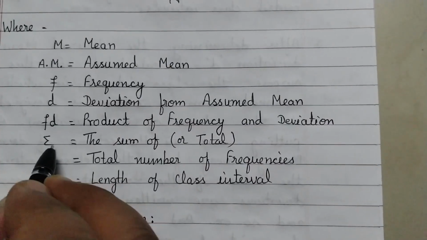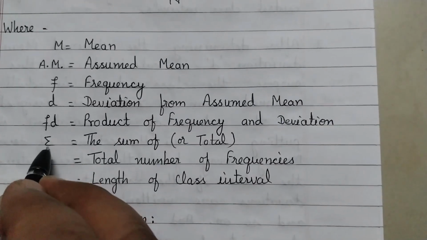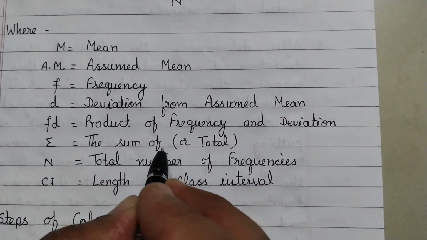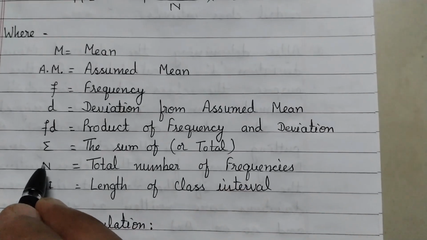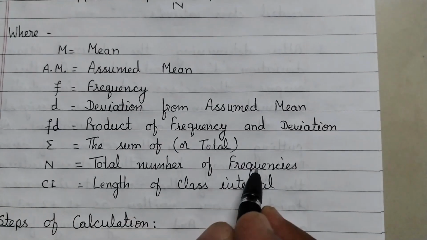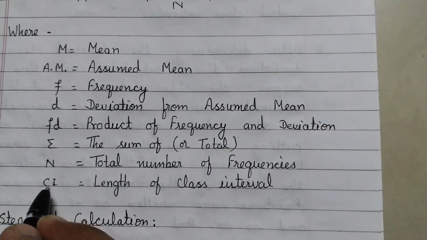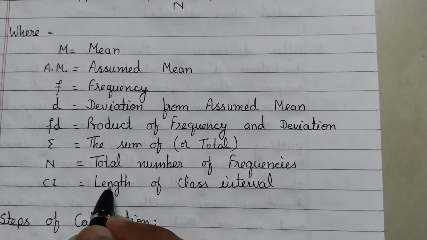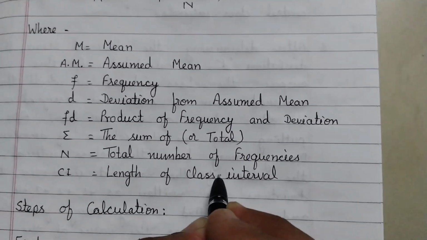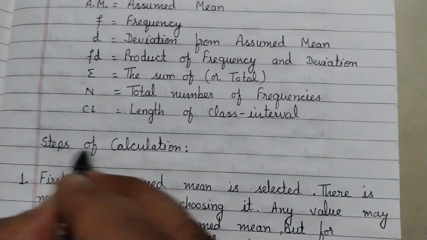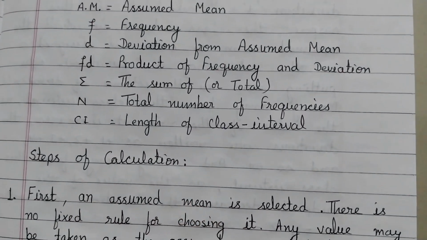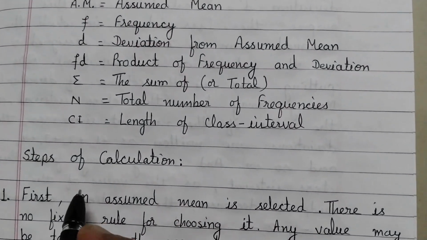Summation, this notation is called sigma, the sum of or total. Capital N is equal to total number of frequencies, and lastly CI stands for length of class interval. Steps of calculation, how we calculate mean.